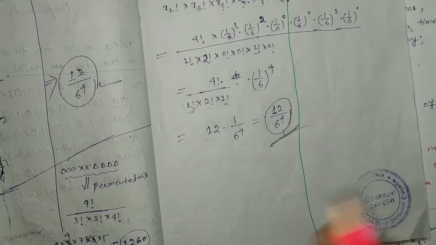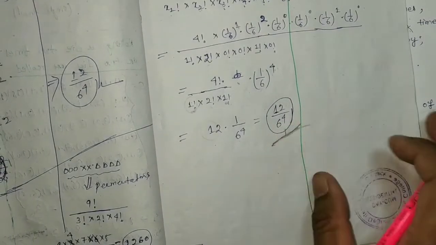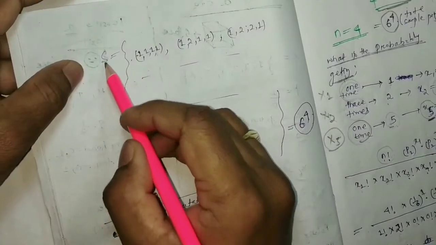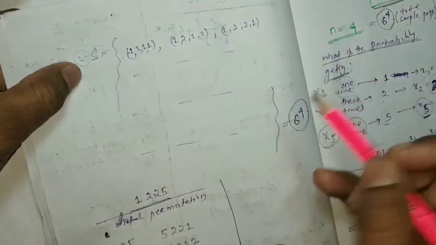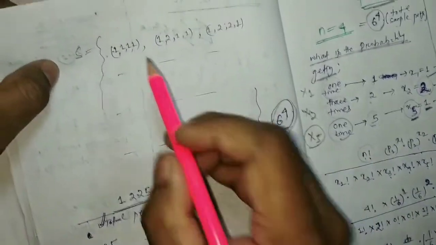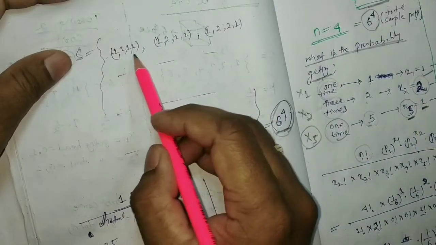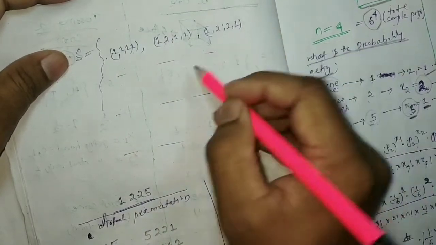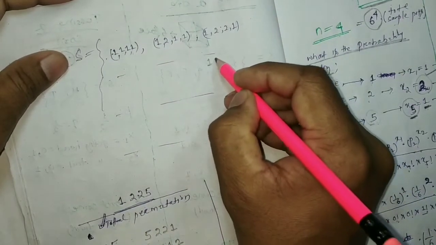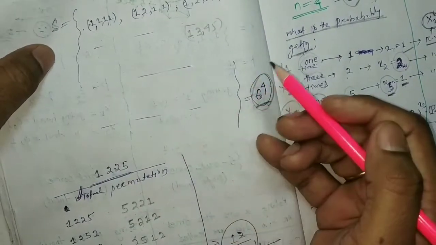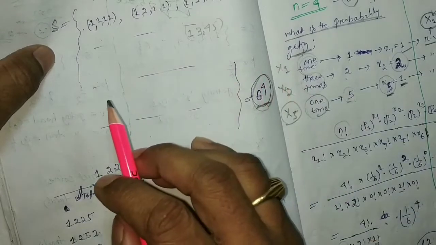Okay. Now, if you are going to do the same thing traditionally, you just see that the sample space will be how many points? 6 to the power 4 points. It is very difficult to find out, but sample points will come up like this: 1 1 1 1, 2 1 1 1, 2 2 1, or anything, each belonging to 1 to 6.